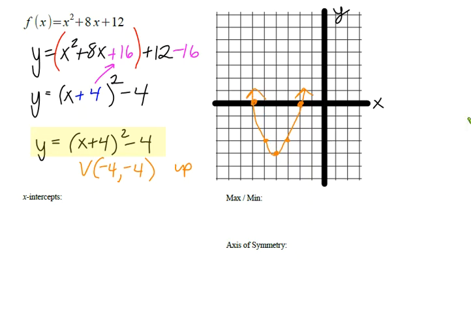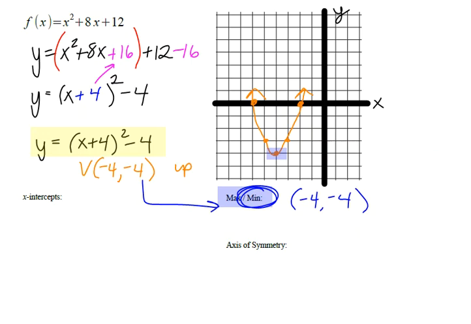Now, one of the other items that we will ask for in this scenario is the maximum or minimum point of the graph. In this case, since the parabola is opening up, it would be a minimum point, and that location is at negative 4 comma negative 4, simply the vertex.